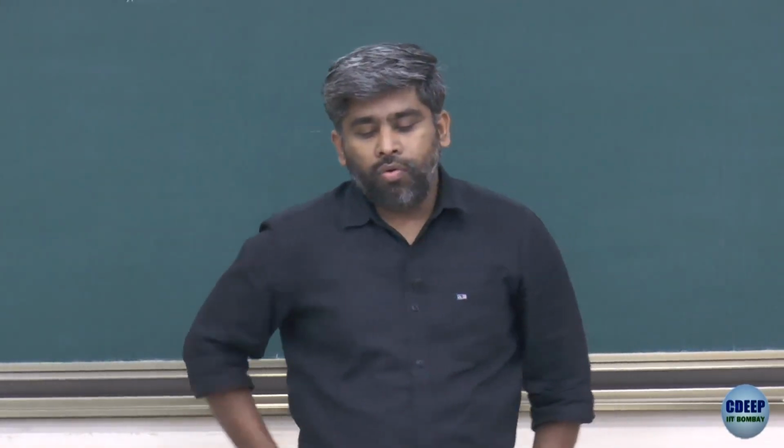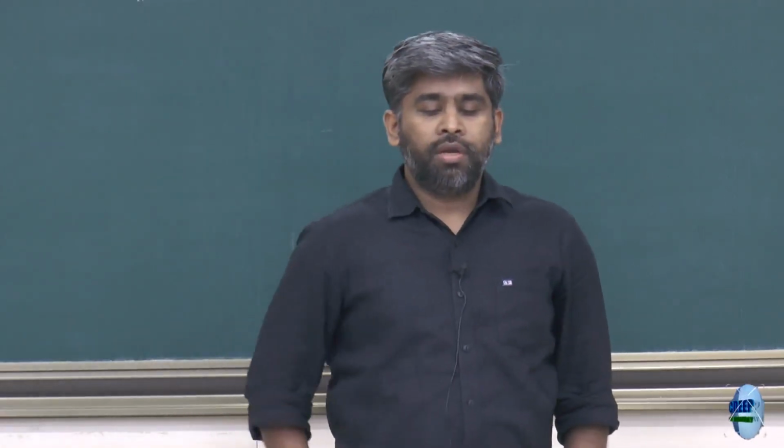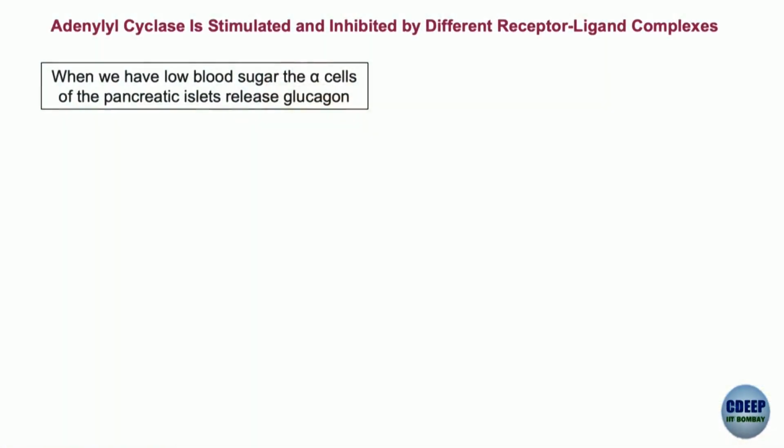For example, when we have low blood glucose or low blood sugar, the alpha cells in your pancreatic islets will release glucagon. You guys know about alpha, beta, delta cells, what do they do?